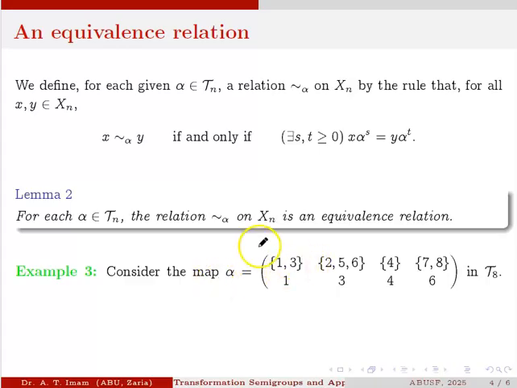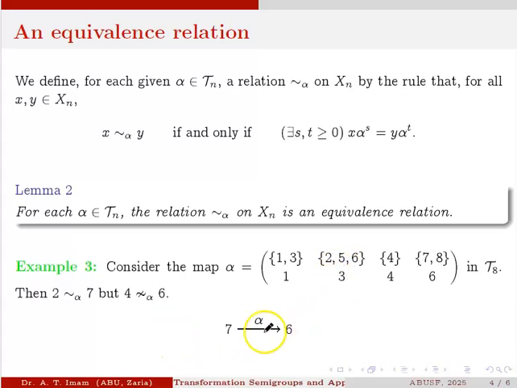As an example, if you take this particular alpha from T8 again, one will see that when you consider 7 and apply alpha on 7, under this alpha, 2 and 7 are related, because if we keep on applying alpha on 7 and apply alpha on 2, we arrive at this point 3.